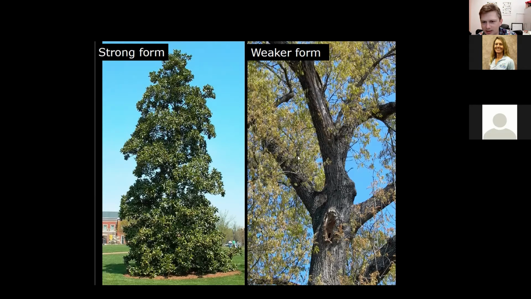That's something you would expect to happen as these trees mature. They're more likely to develop big risk features, big branches that might become brittle and fall off the tree over time. That wouldn't be so much the case with these trees, which have more of this pyramidal, excurrent form.